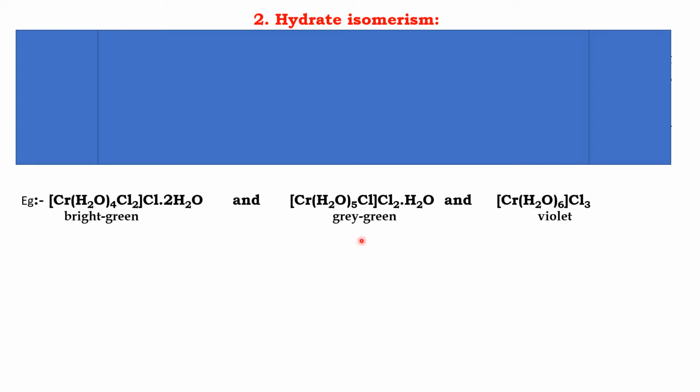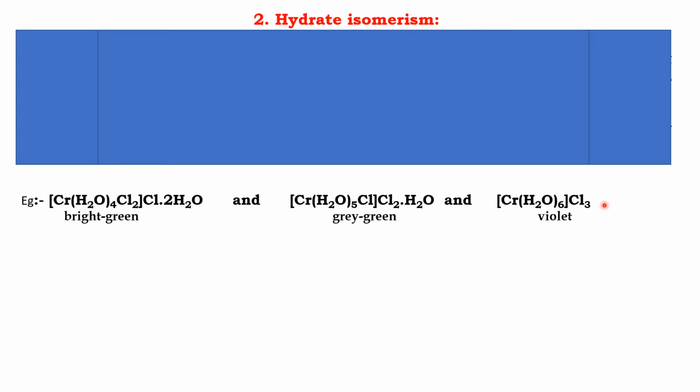Moving to the second compound, I have 5 water molecules inside the coordination sphere and only 1 water molecule outside the coordination sphere. Moving to the third compound, I have 6 water molecules inside the coordination sphere and no water molecule outside the coordination sphere.